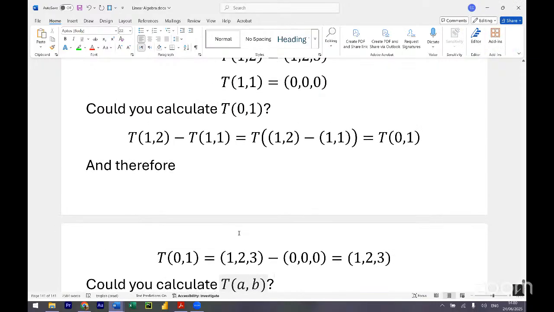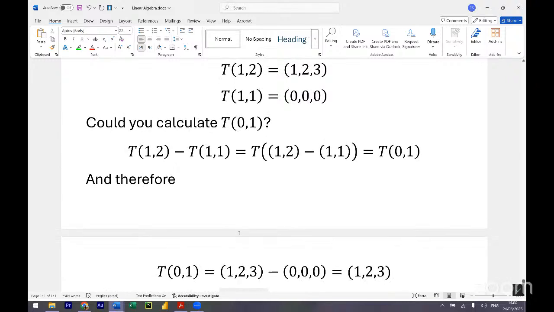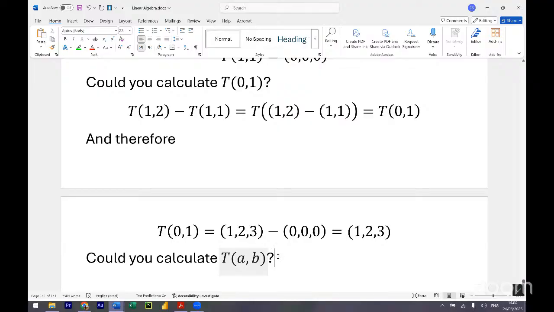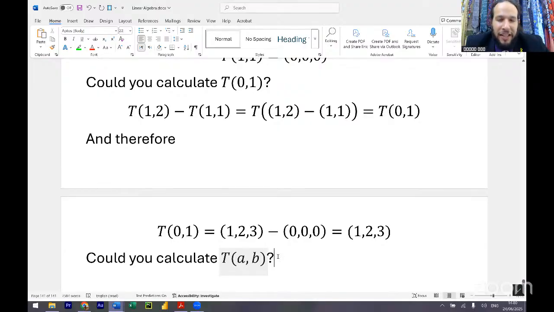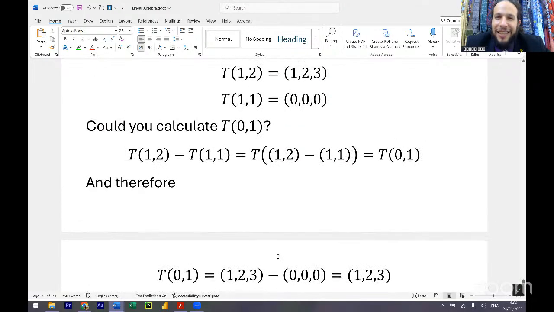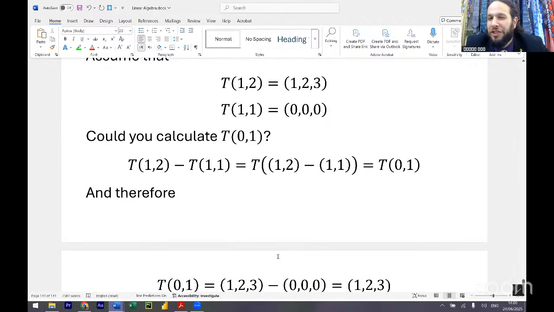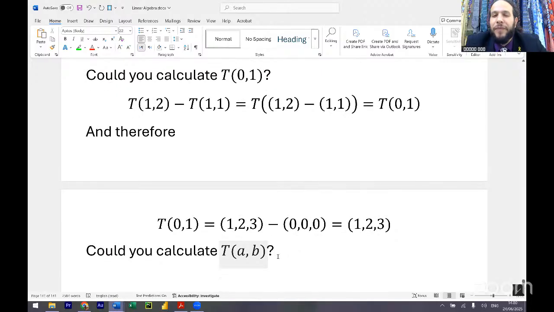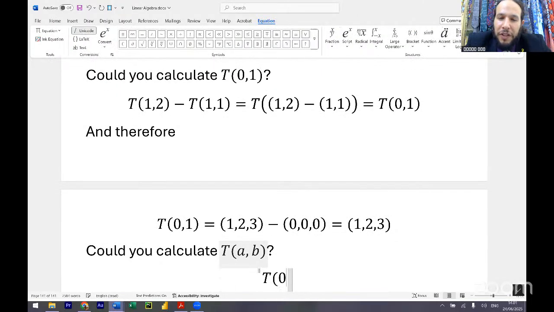Tell me your thoughts, and then I will rephrase them. Basically, because we have already T of (0, 1) and T of (1, 1), we can subtract one from the other and get both T of (0, 1) and... That's a great answer, to be honest. I didn't think that I was pointing you in this direction, but I like that answer. So T of (0, 1) is (1, 2, 3).